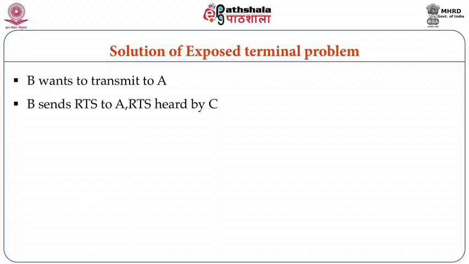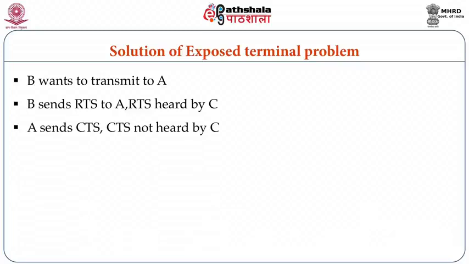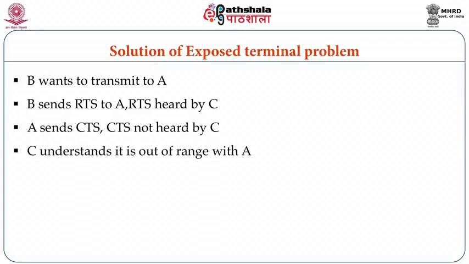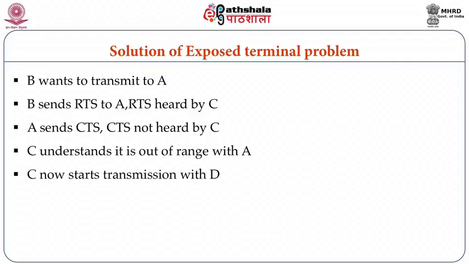Now here, when B wants to transmit to A, it sends RTS to A. This RTS is heard by C. A sends CTS. CTS is not heard by C, but it has heard the RTS. Now C understands that it is out of range with A, and looking at the RTS, it also understands that B and A wish to communicate with each other, and if it performs the transmission with D, there will be no collision.